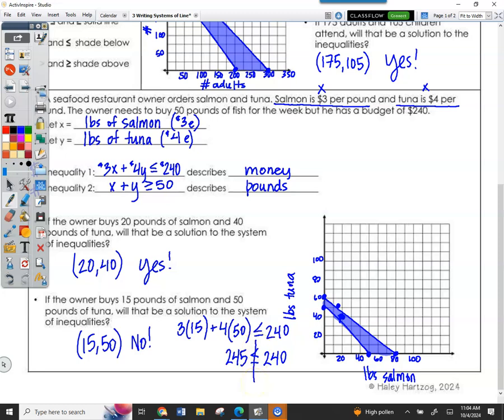No. So that's your algebraic reasoning, okay? So I can see the state saying, hey, it's not enough to be able to say yes or no. Explain why not. You would say because this would read 245 is less than or equal to 240, and that's a false statement, okay?